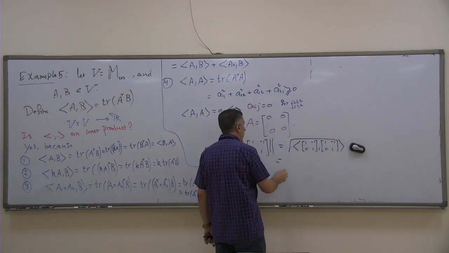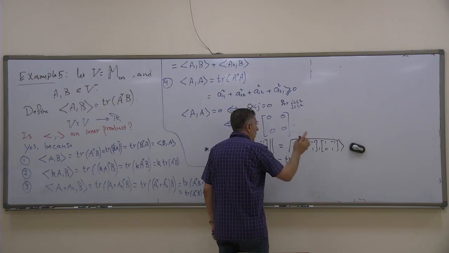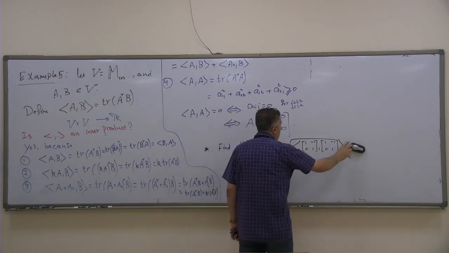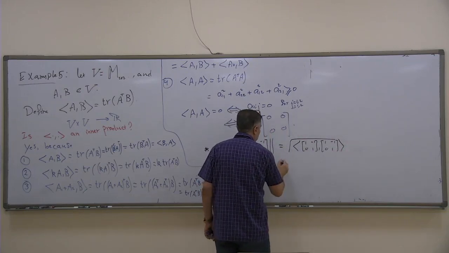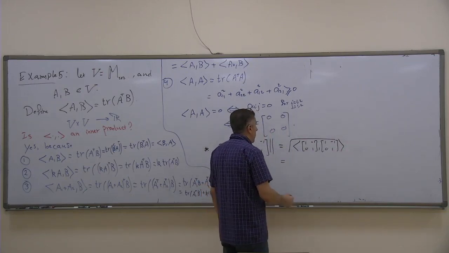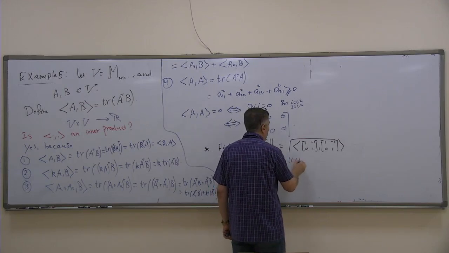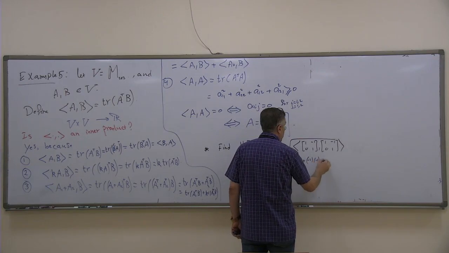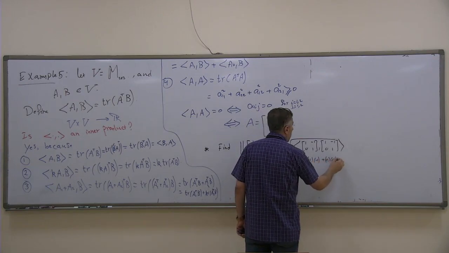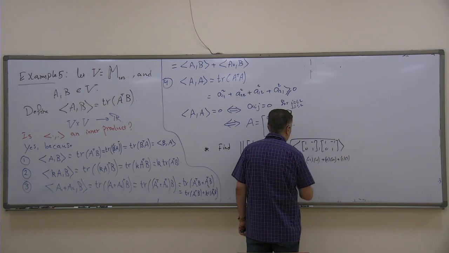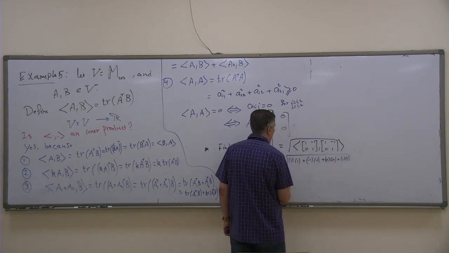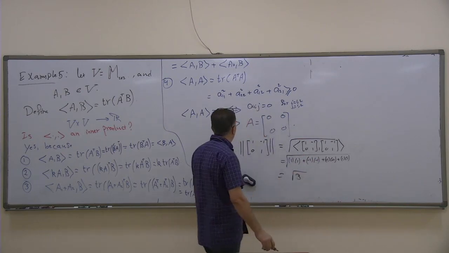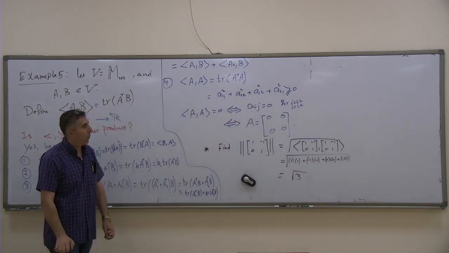That is going to be trace of this transpose multiplied by this, and if we skip that step, it will be 1 into 1 plus -1 into -1 plus 0 into 0 plus 1 into 1, and that is under the radical. What do you get? 1, 2, 3, square root of 3. So the length of this matrix is square root of 3.